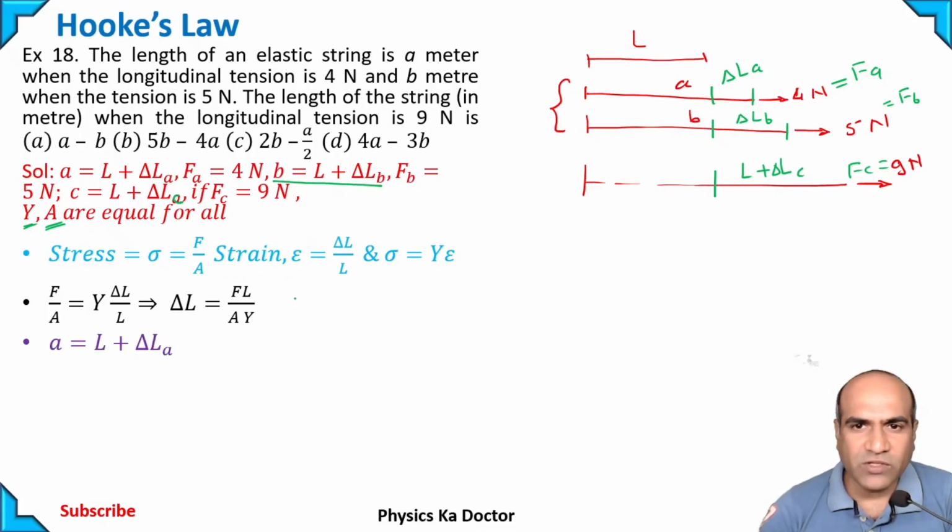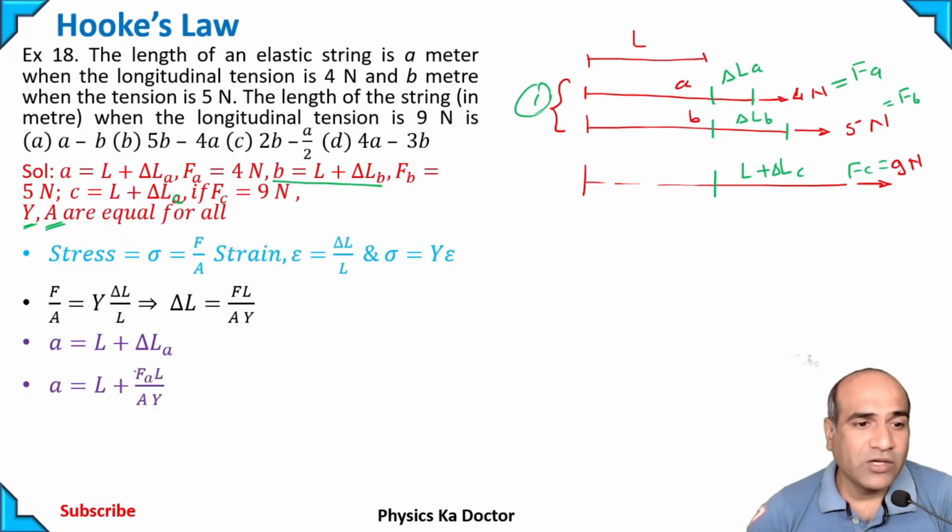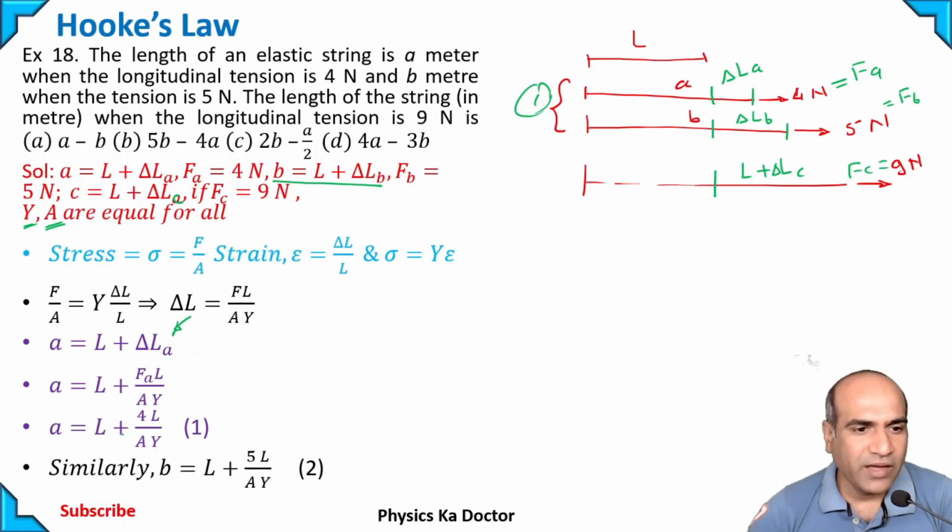So for the first case, A is equal to L plus delta L A, where delta L A is F L by A Y, with FA as 4 Newton, L the original length, A the cross section area, and Y Young's modulus. And similarly we can find for B, where only F is changing, so it becomes 5. We have two equations now.